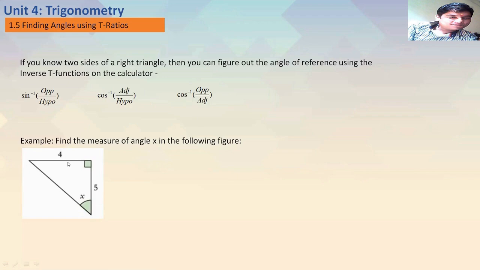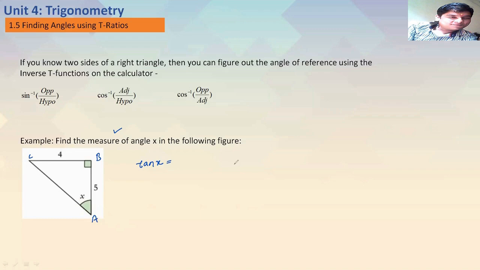Let's find out the angle in this example. Let's call the vertices A, B, C. Tan of x, according to you, is what?